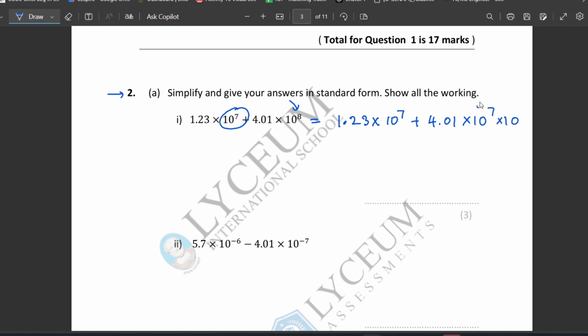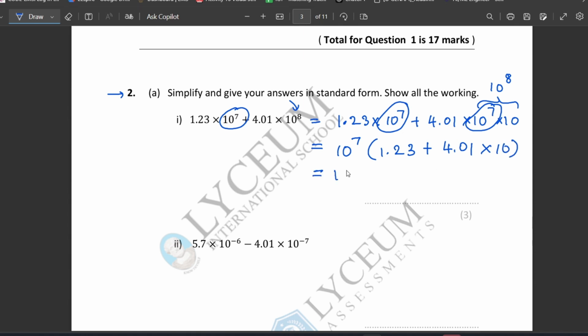This is 10 to the power 8. I wrote it as two separate numbers. Then you can easily see this factor is common. I take it out. 1.23 plus 4.01 times 10, so 10 to the power 7.